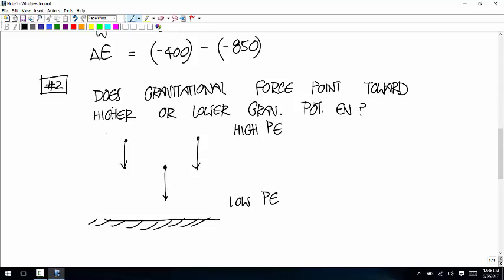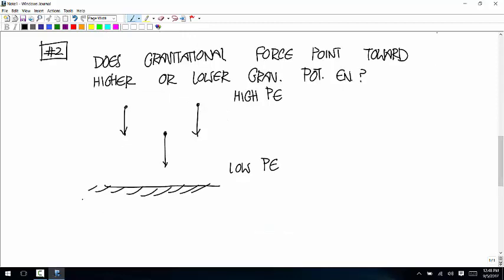And so the force points in the direction of decreasing potential energy. If something starts fast and the only force acting on it is gravitation, gravitational force is going to decrease its potential energy. Okay.